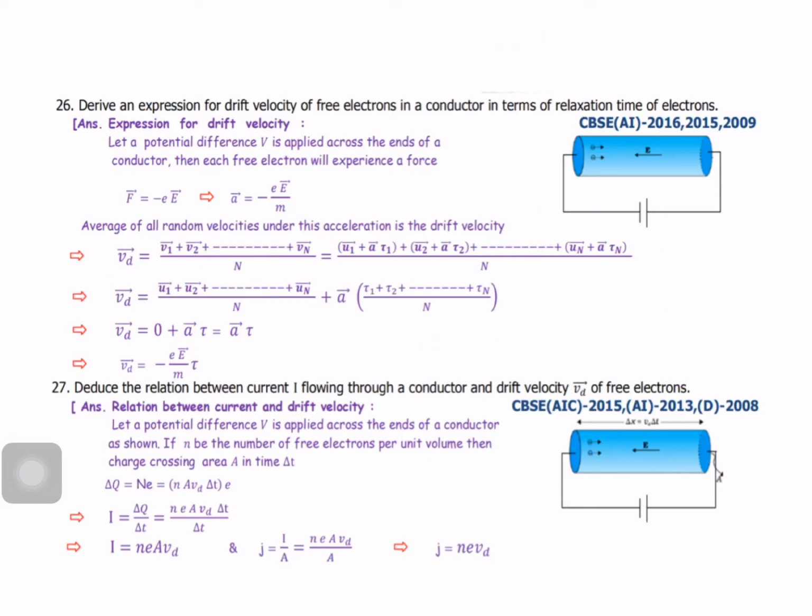Or finally we can write Vd equal to (u1 plus u2 up to un) divided by n, plus a is common, the second term take it out, (tau 1 plus tau 2 plus tau 3 up to tau n) divided by n.